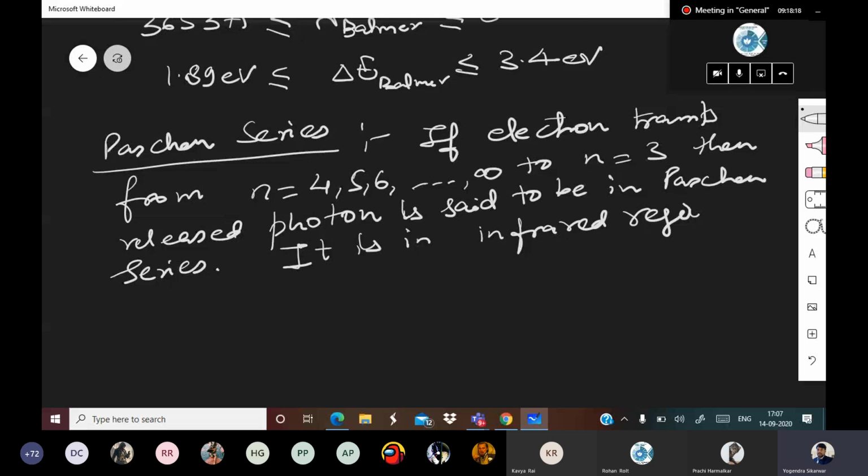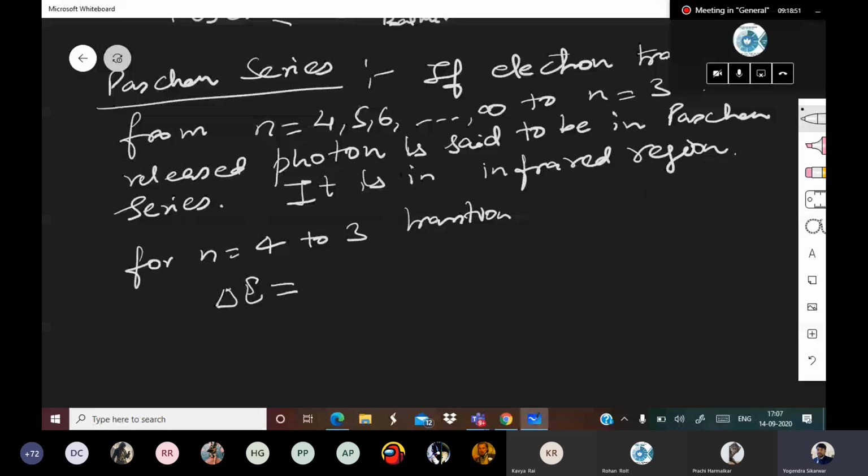can someone tell me the value of delta E for 4 to 3 quickly? I am not going to solve this. You need to do all the calculations and tell me the answers.